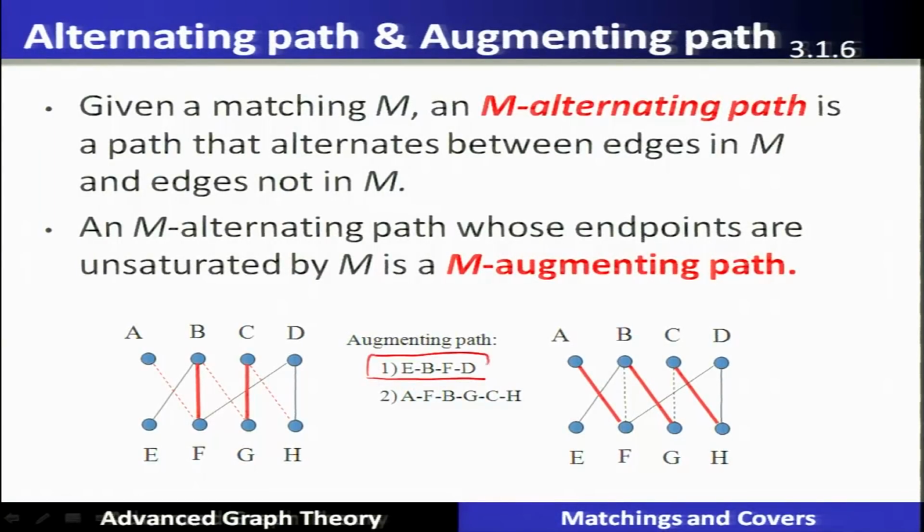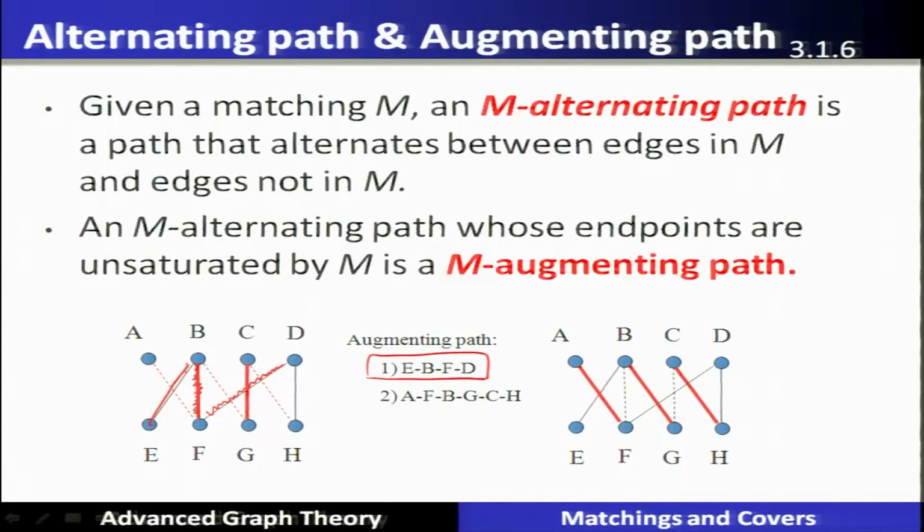M alternating path which starts from this edge which is not a matched edge, and then picks another edge which is a matched edge, then again picks this edge which is not a matched edge, and that is all.